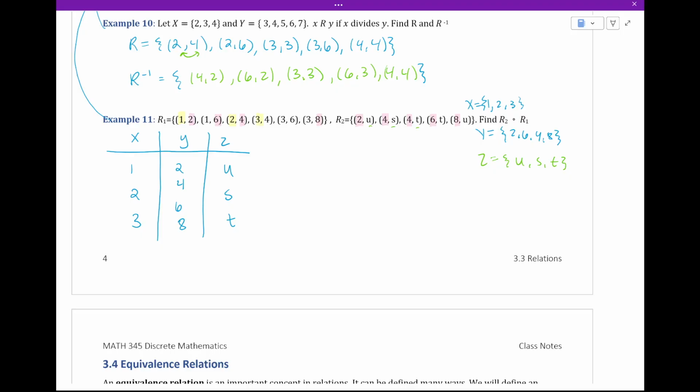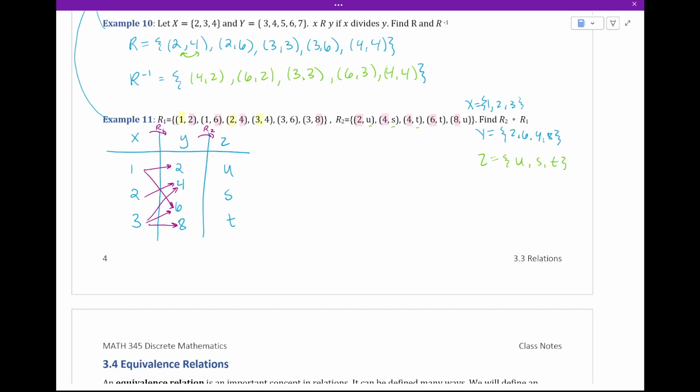So let's see. This is R1 and this is R2. R1 has 1 to 2, 1 to 6, 2 to 4, 3 to 4, 3 to 6, and 3 to 8.